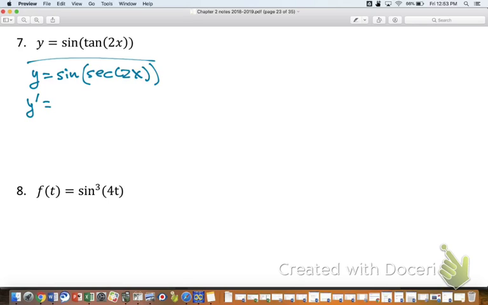We'd go y equals cosine of secant of 2x when you differentiate the big box. Then you differentiate the middle box, which is secant, so that would be the derivative of secant of whatever times tangent of whatever. So it's secant 2x times tangent 2x. But then you still have to multiply by the derivative of the little box, so it'd be times 2. Does the 2x go in both spots? Yes, it does. Great question.